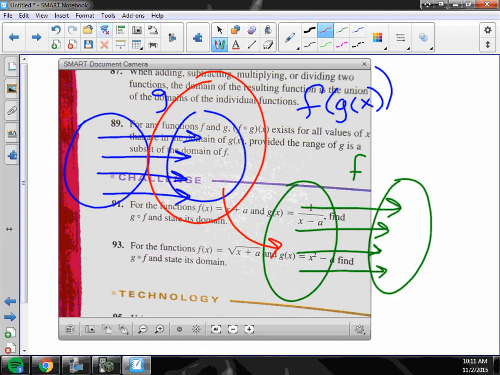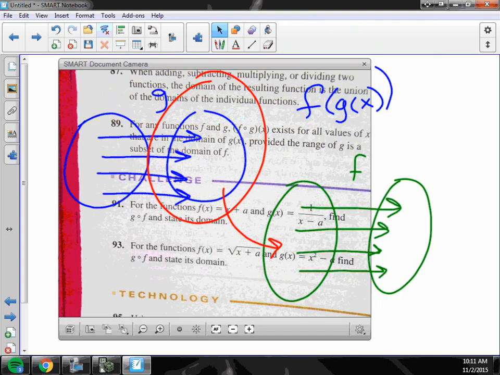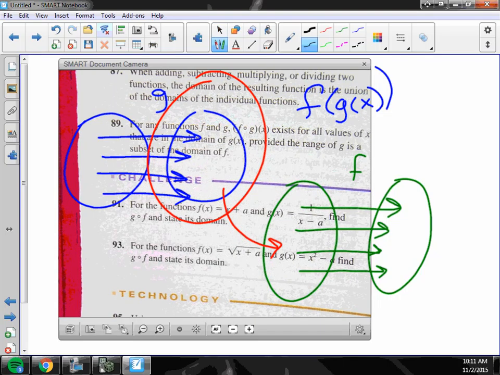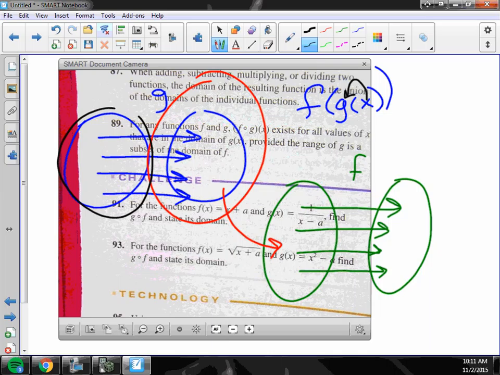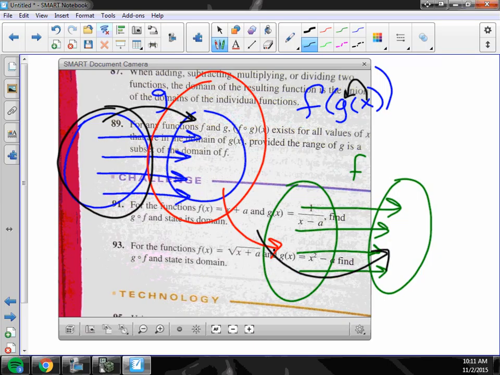Is that true? So if we're going to follow, we're going to take x and plug it into g, so that will create this list, which creates that list. And as long as these all show up in this list, we can keep going and create the f function. True or false?